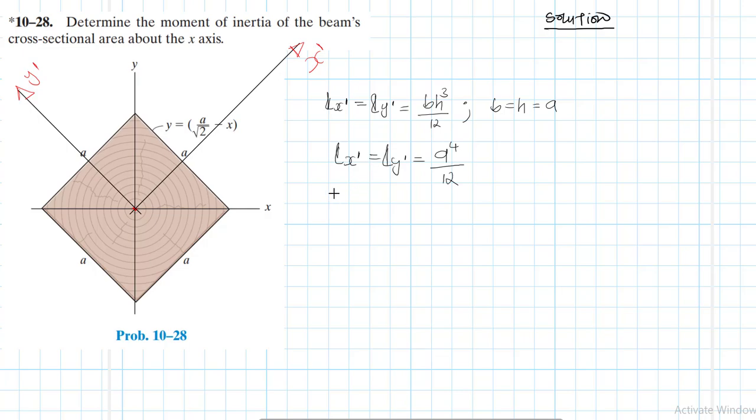We know about this, right? So what they did was flip this square cross section of the beam so that we have it now like this. Do you expect us to find the same answer about the x-axis and the y-axis? Mind you, we just found it about the x prime.